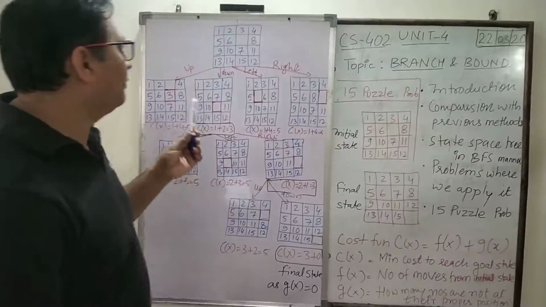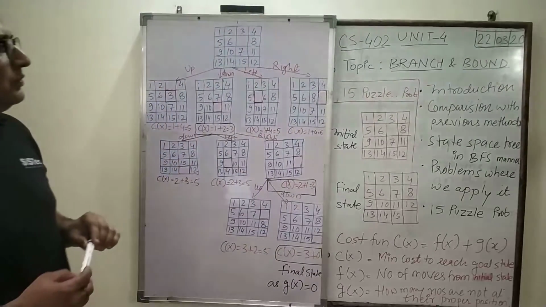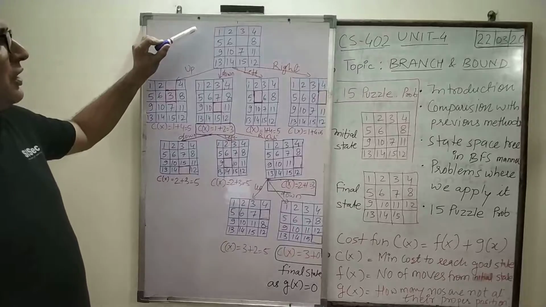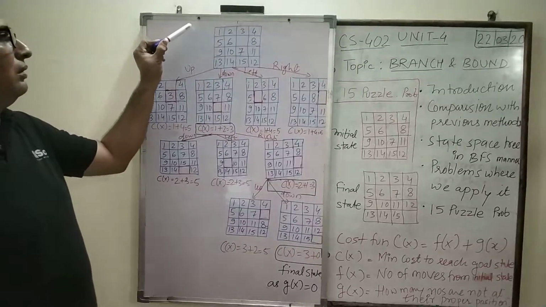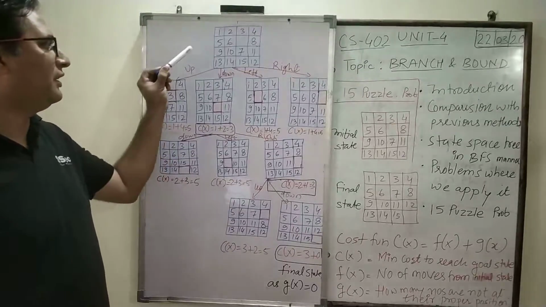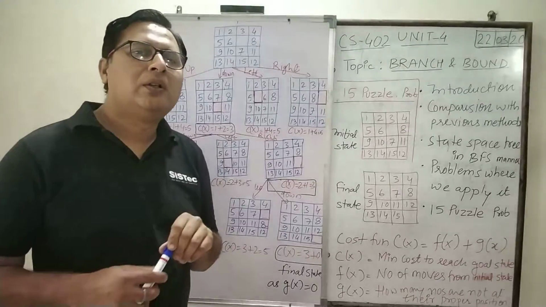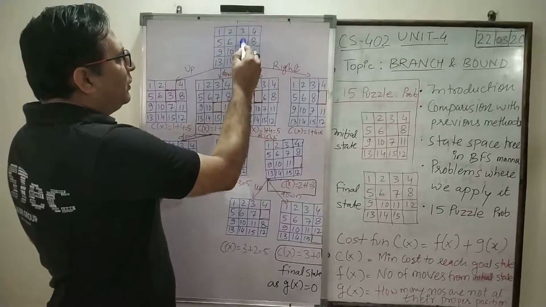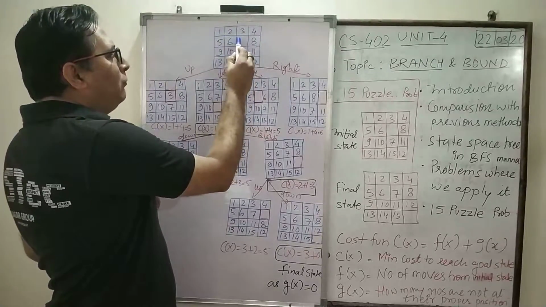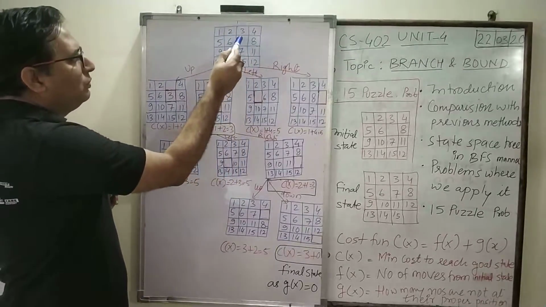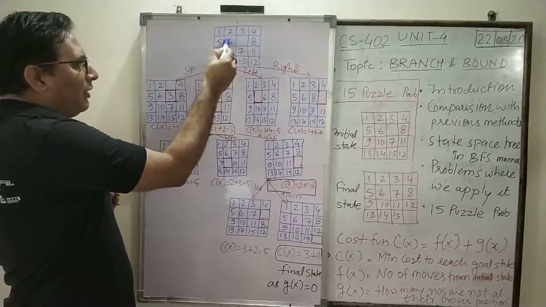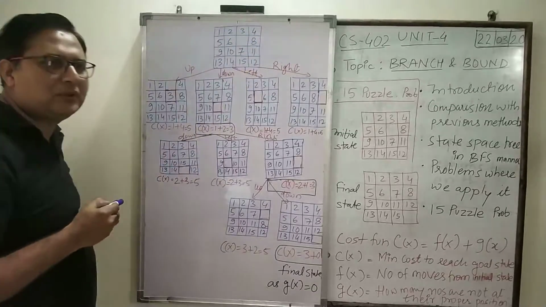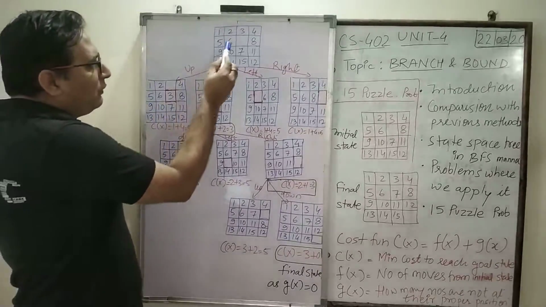Now we will consider one problem based on this. The initial state of the numbers will be like this on the 4x4 board. For this empty block, we will have 4 possibilities: we can move up, down, left or right.